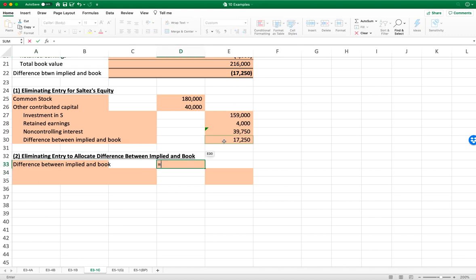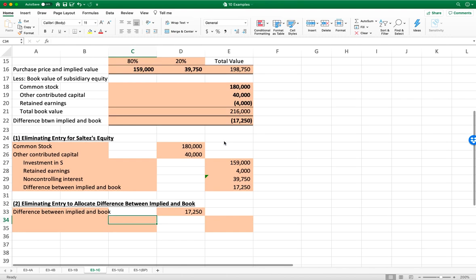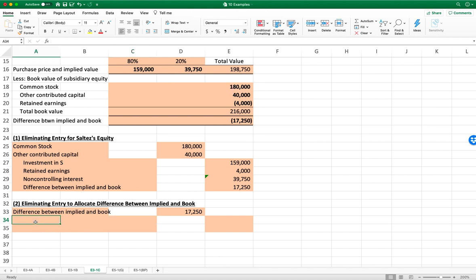So this is our bargain purchase situation where we paid less than the value of what we got. We know from our asset acquisitions that this results in a gain on purchase of our subsidiary.